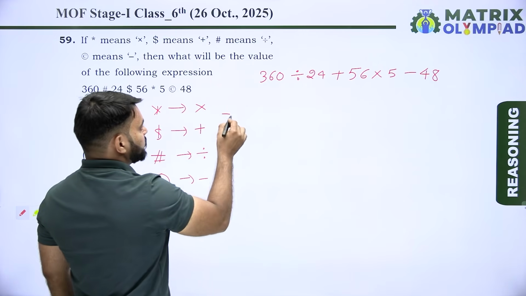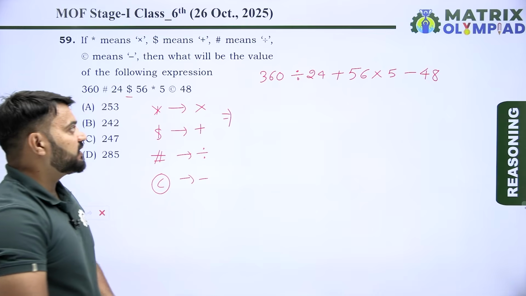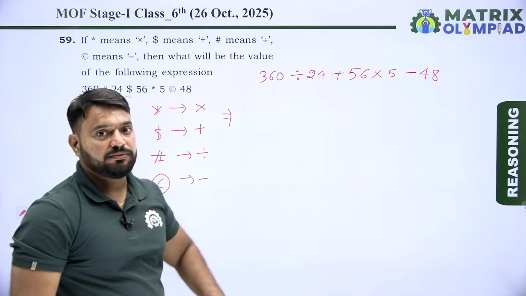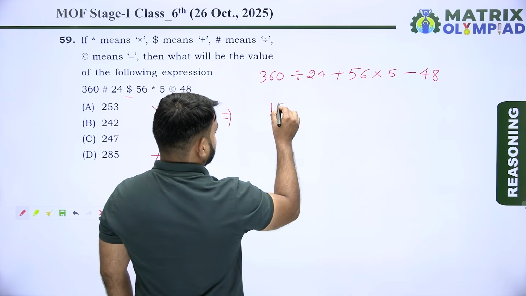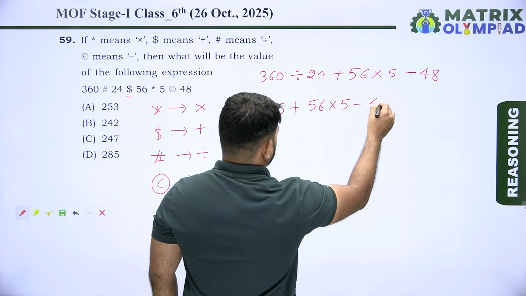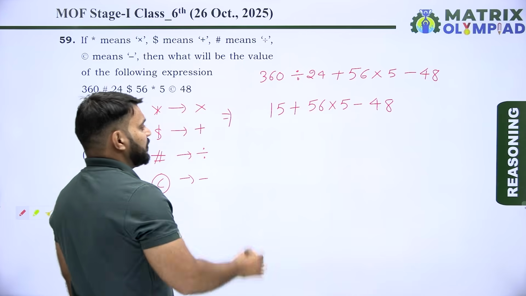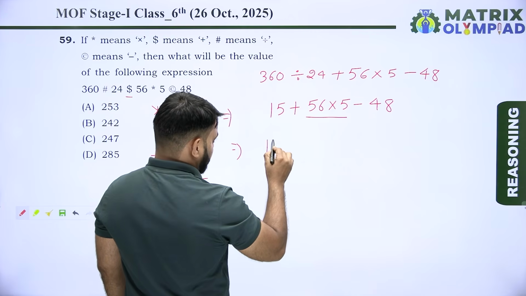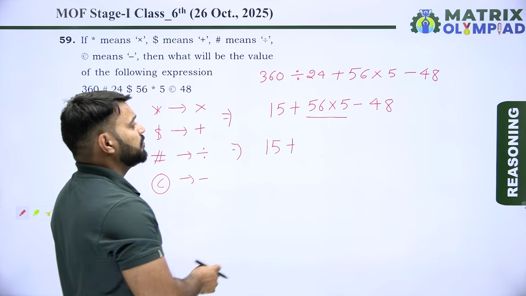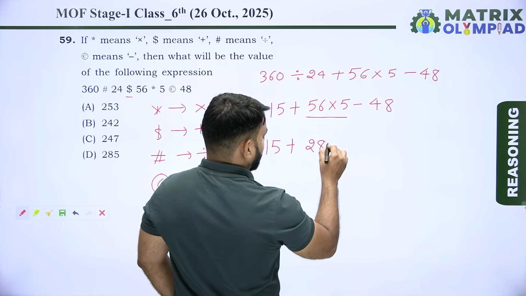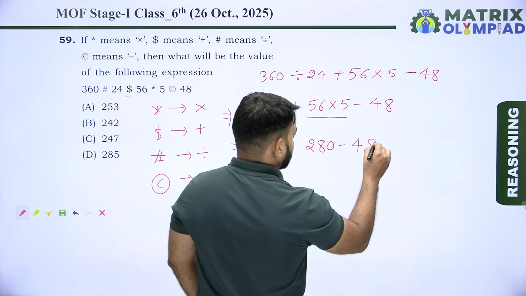Now using the BODMAS rule in this equation, first divide the numbers. So 360 divided by 24 means 15, plus 56 multiply by 5, minus 48. Now multiply the numbers. 56 multiply by 5 means 280, so 15 plus 280 minus 48.